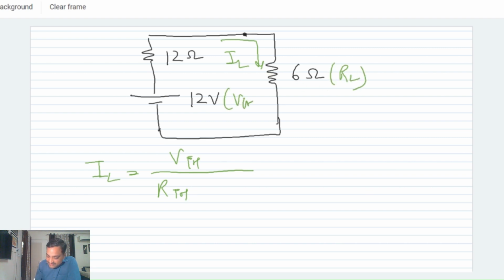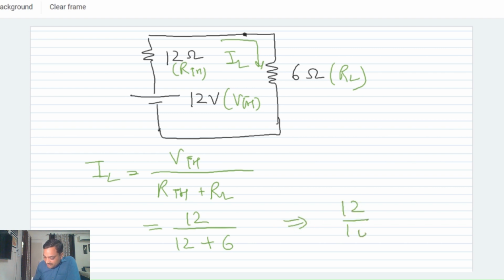If this is VTH, this is RTH, and this is IL, then IL will be equal to VTH divided by RTH plus RL. So easily we can have the value of IL, as we know VTH to be 12 volts, RTH to be 12 ohm, and RL to be 6 ohm. So the value of the current will be 12 by 18 ampere for this network.